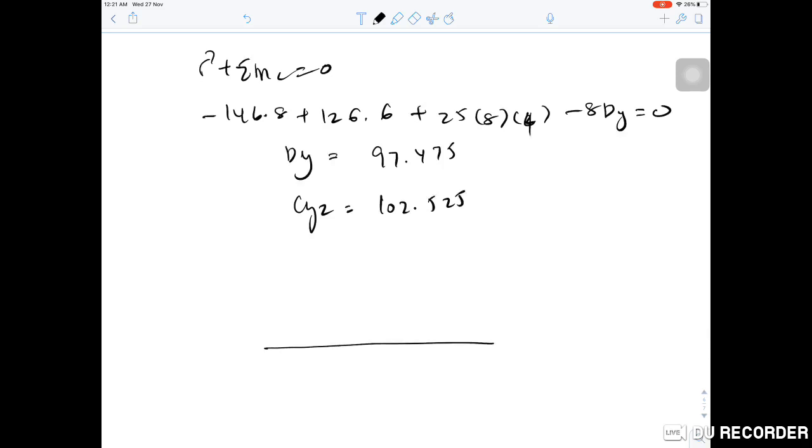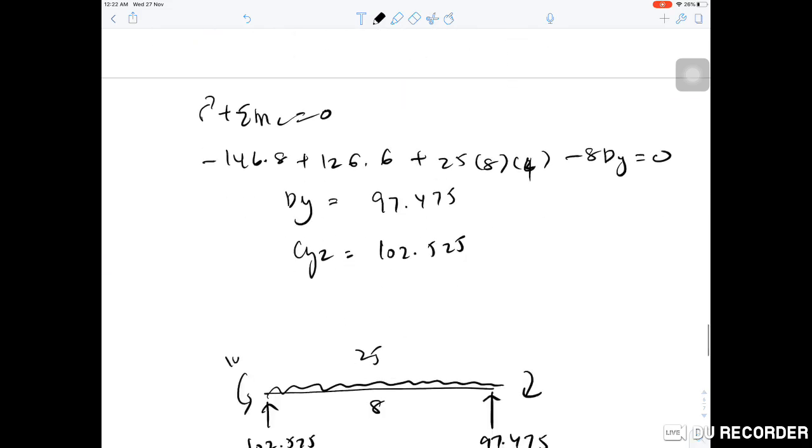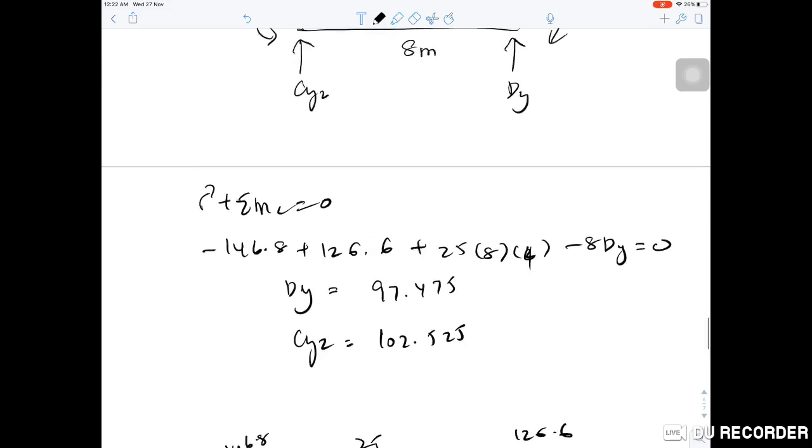So it is 102.525 and 97.475. UDL is 25 times 8. Moment is 146.8 and 126.6.